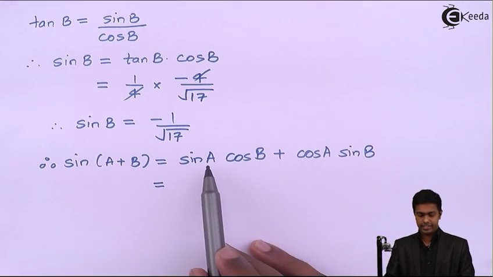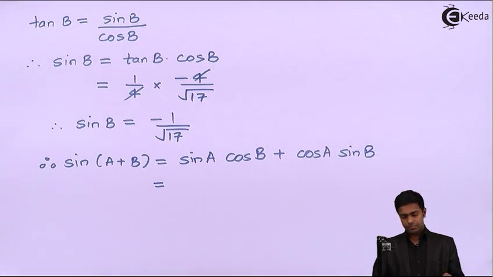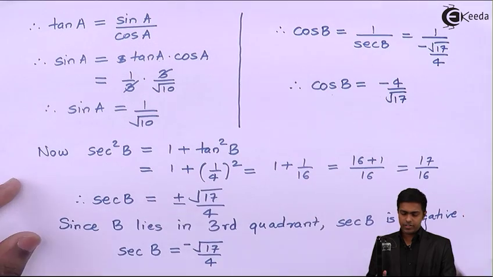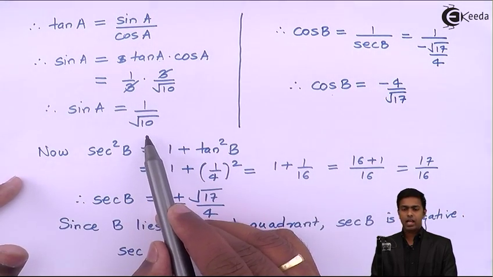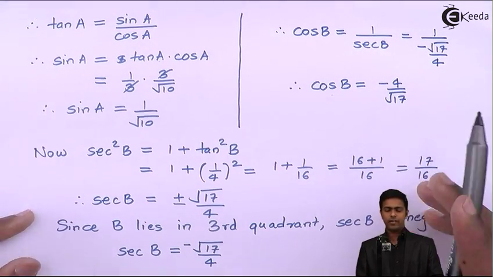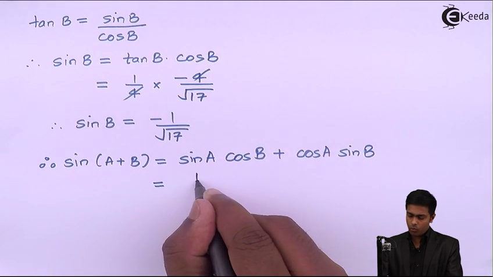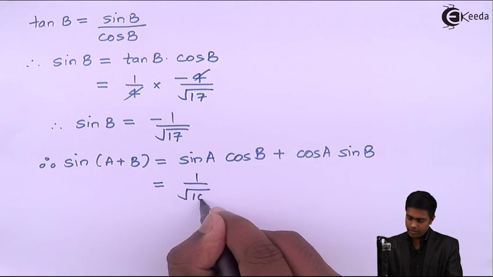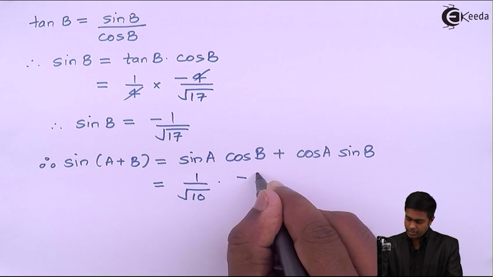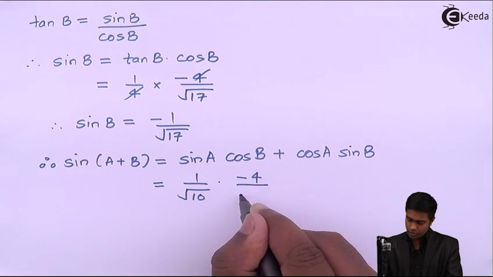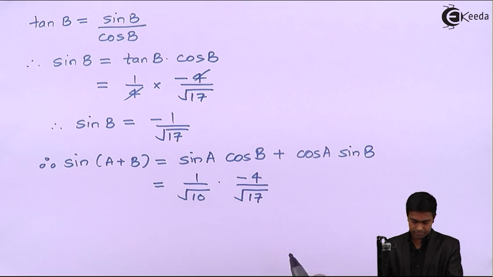First of all we'll need sine of A. We got the value of sine of A as 1 by root 10 and cos of B as minus 4 by root 17. So here I will say 1 by root of 10 into minus 4 by root of 17.